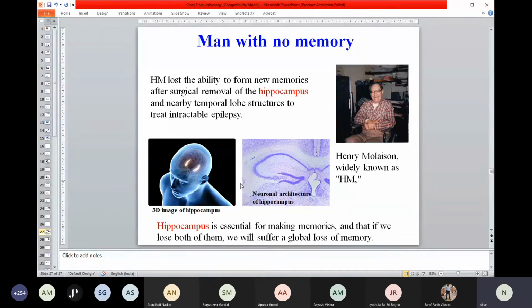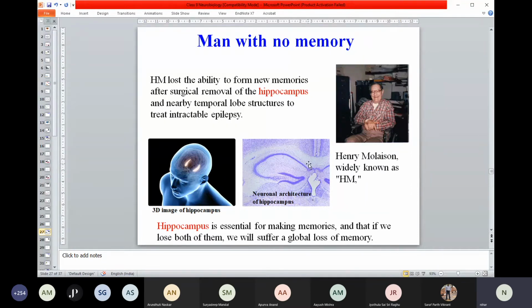This is the typical architecture of a hippocampus, and each and every part has a name. The area where my pointer is, is called the dentate gyrus, then CA3, CA2, CA1. Don't memorize all those, it's just to give you a sense, and this has been extensively worked out.